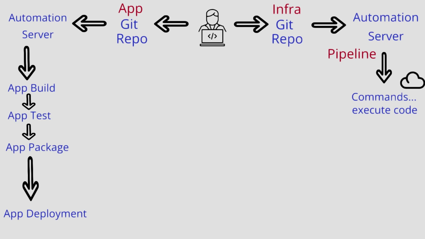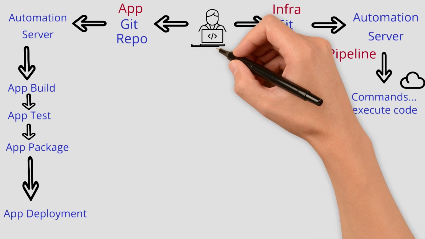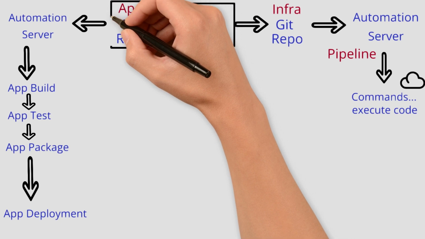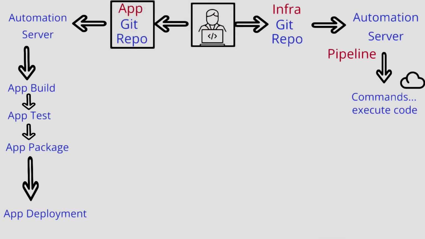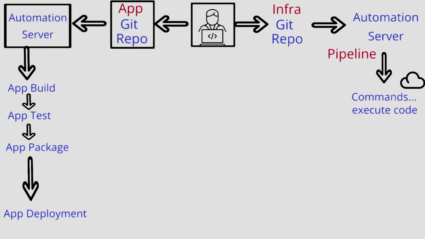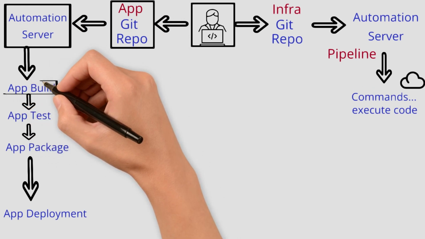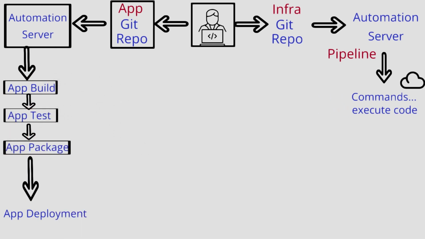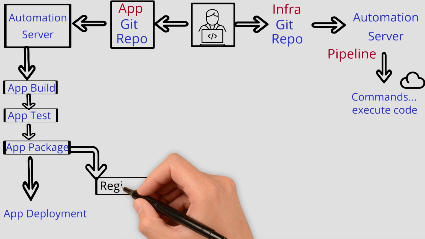I believe by now you understand the flow. So let's do a final recap. Developers are using code editors to write code in a chosen programming language and store that code in a central location called a repository. The DevOps team configure an automation server to watch that repository for updates, and automation pipelines are being executed in order to test and package the code and store the artifact somewhere.